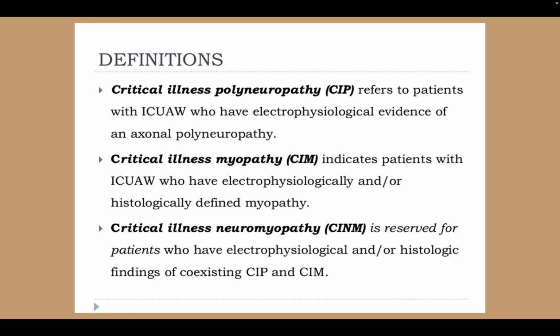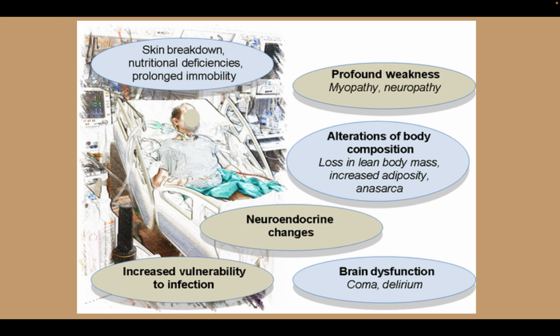And CINM is reserved for patients who have electrophysiological and/or histologic findings of coexisting CIP and CIM. So this could be a combination of polyneuropathy as well as myopathy. I think this is pretty much clear.